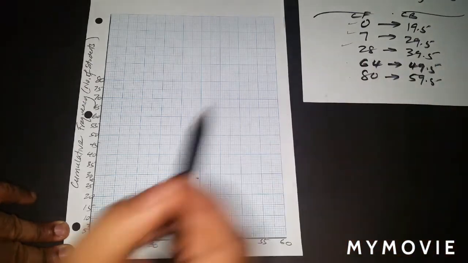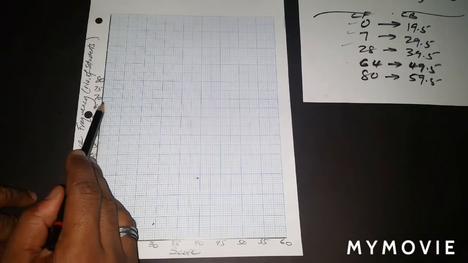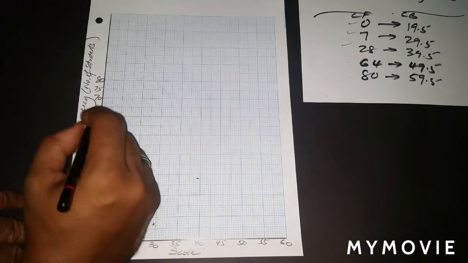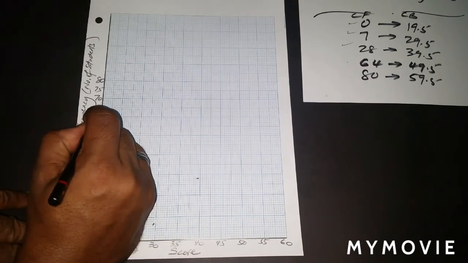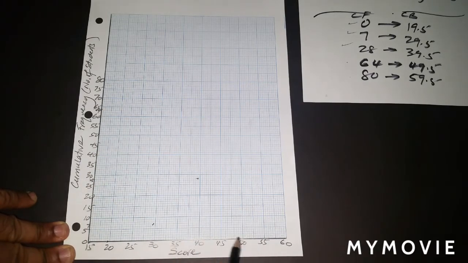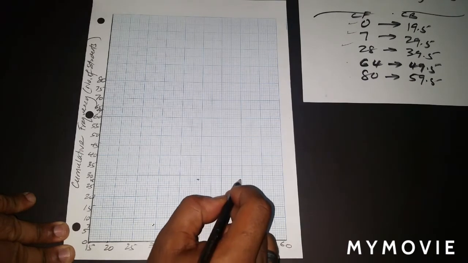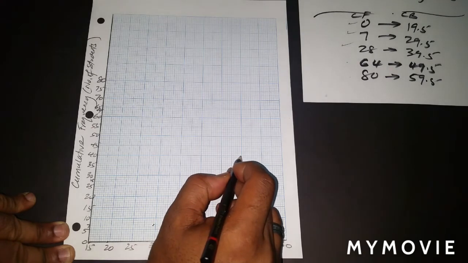So 64 maps up with 49.5. 64 would be here. So 64 maps up with 49.5. So 49.5 would be this line going up here. All right, so I have to be very careful sometimes. Let's make a check.